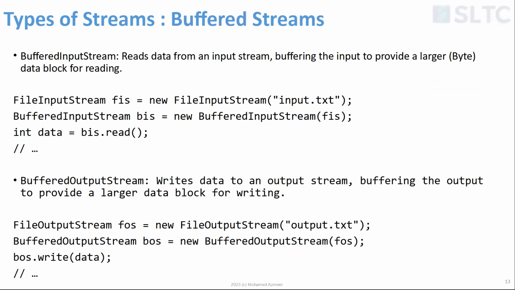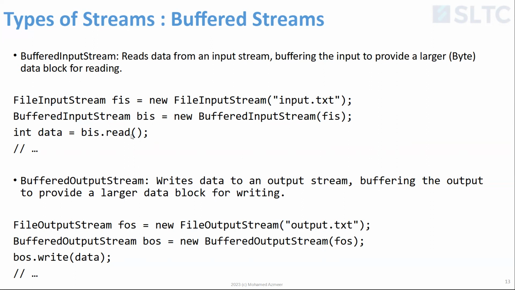So if you notice here, what we have done is we have a FileInputStream, right? We are creating the FileInputStream, and our object name is FIS. That one we are passing on to the BufferedInputStream, right? So in this case, when you're reading the data, we are reading from the buffer. The BIS is the name of the object.